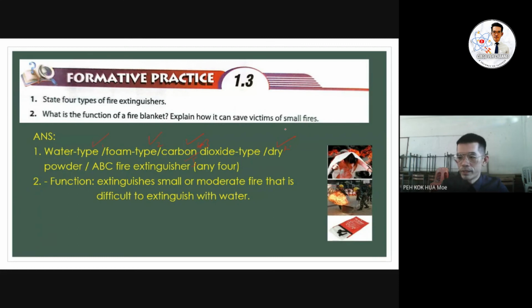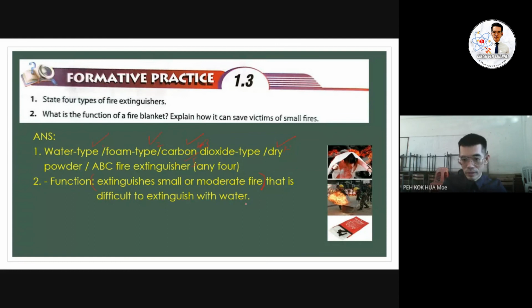So the function: extinguish a small or moderate fire. It is able to extinguish a small or moderate fire that is difficult to extinguish with water, because as we mentioned, water is only able to cool down a fire caused by solid material.